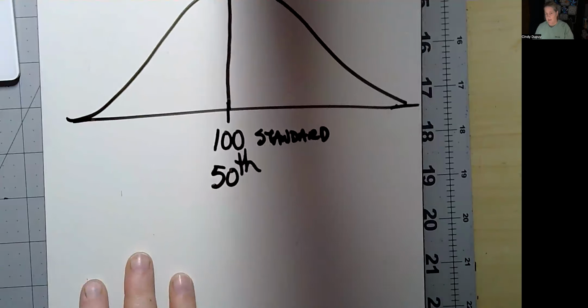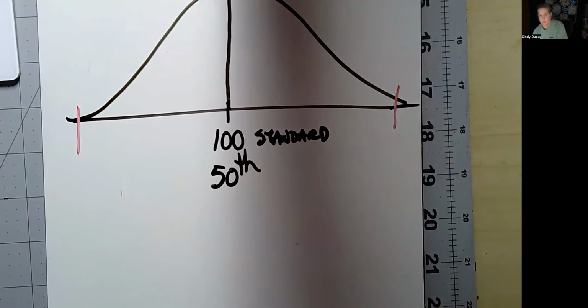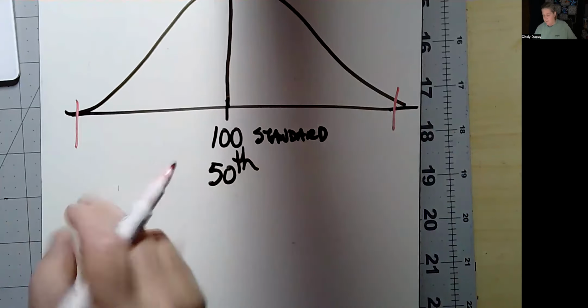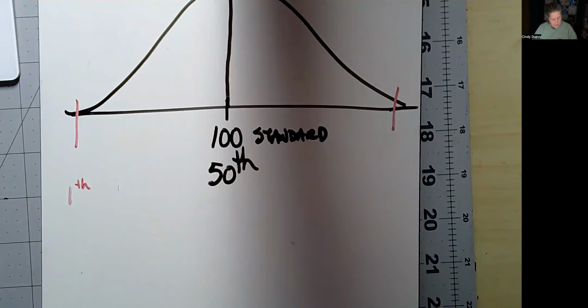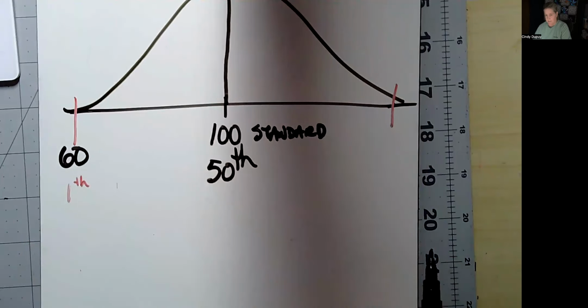What they've done then is they've gone out and they have normed and they've said the student who scores down here at the very bottom in that first percentile actually scored roughly a standard score of 60.